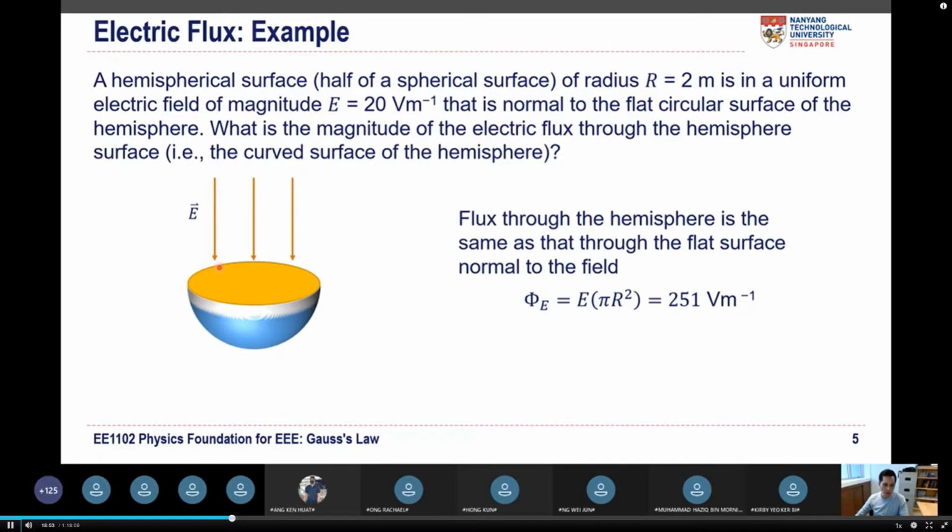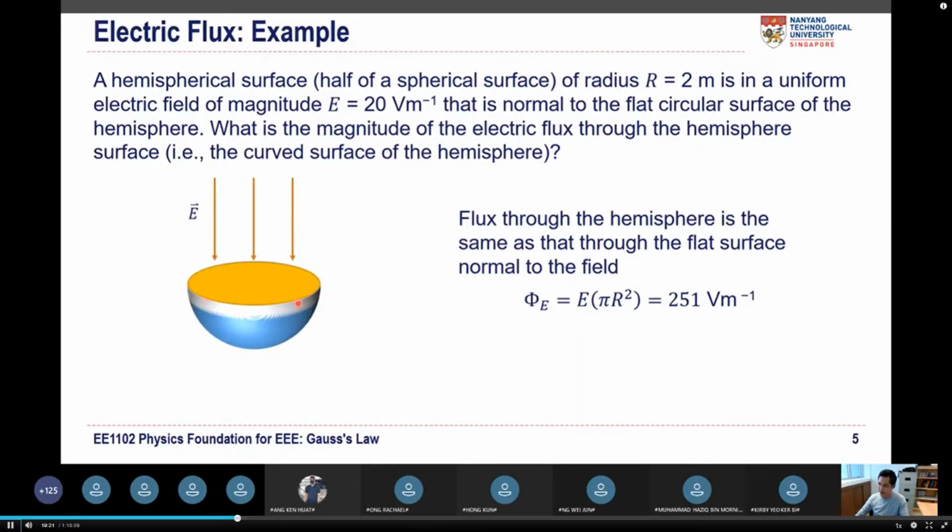This direction of the field is normal to the flat surface of the hemisphere, which is this yellow highlighted part. Then the question is asking, what is the magnitude of the electric flux through the hemisphere surface? So we need to calculate the flux through this blue colored surface.